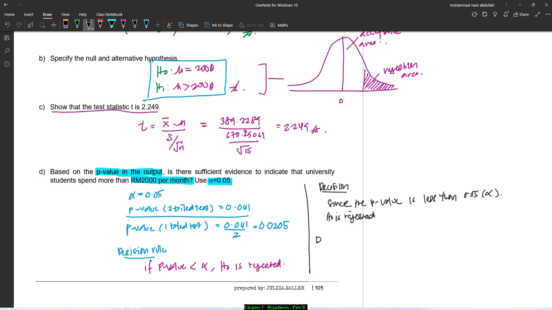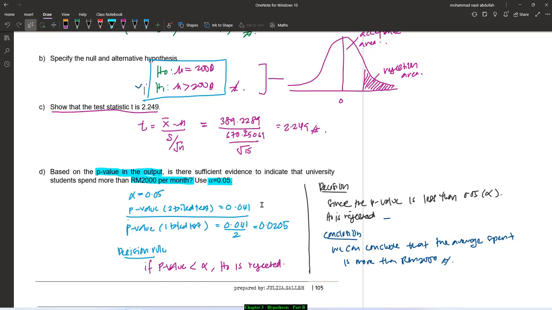Then we make a conclusion: we can conclude that the average spending is more than RM 2000. Since we reject the null hypothesis, we accept the alternative hypothesis. Okay?